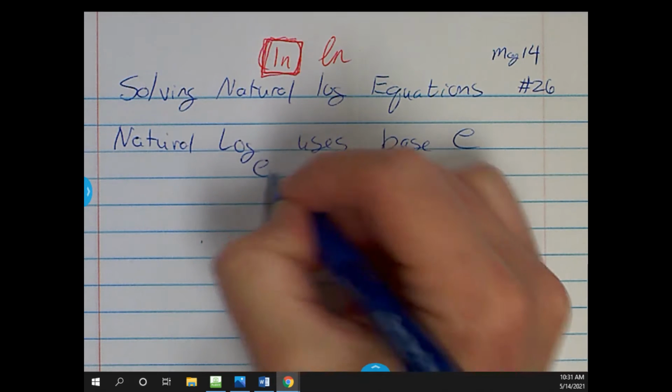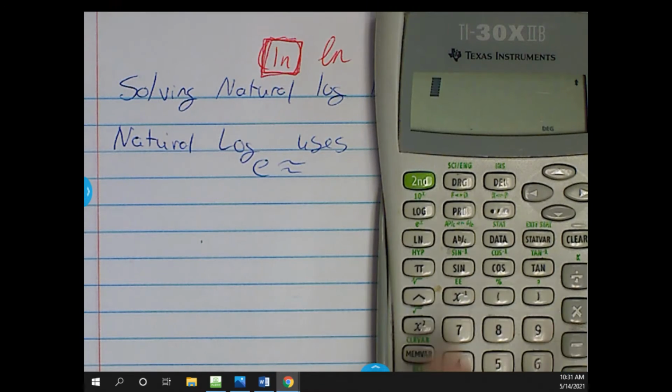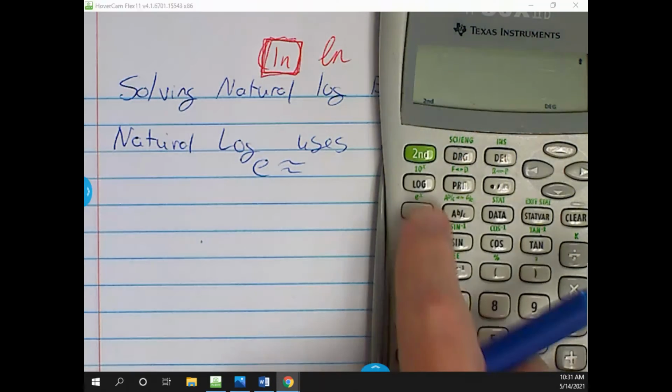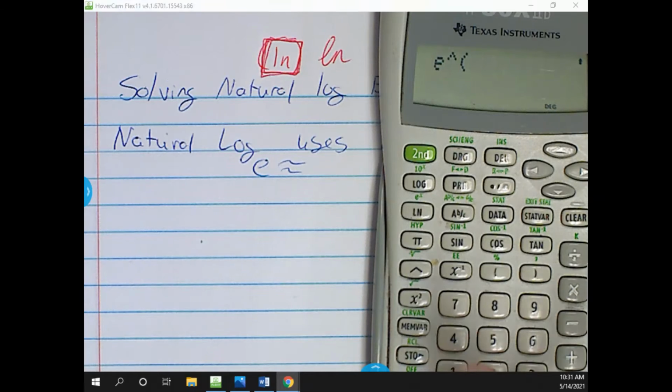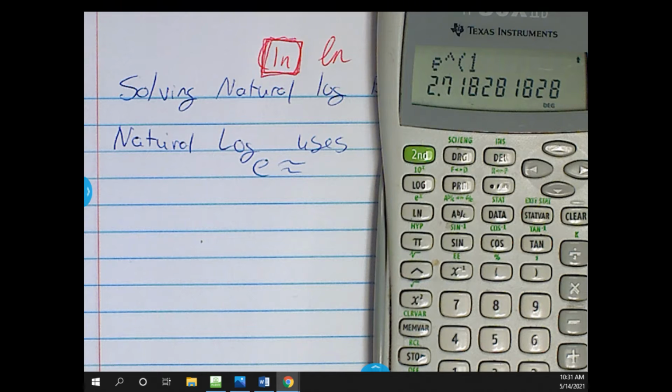If you check it on your calculator, the E button is right behind the LN, in green. You hit your second and the LN button, and if we do E to the first power, it tells you that E is 2.7182818. So basically, it's about 2.718.